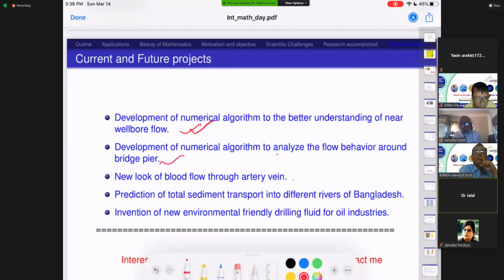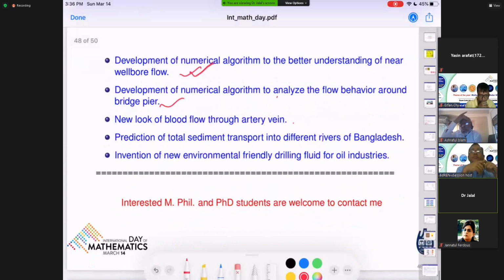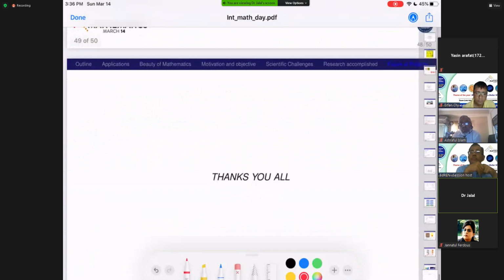Prediction of total sediment transport in different rivers of Bangladesh. Invention of a new environmentally friendly drilling fluid for the oil industry. All these are current and future projects under my research group. So if anyone is interested in doing an MPhil or PhD, you are very welcome. Thank you.